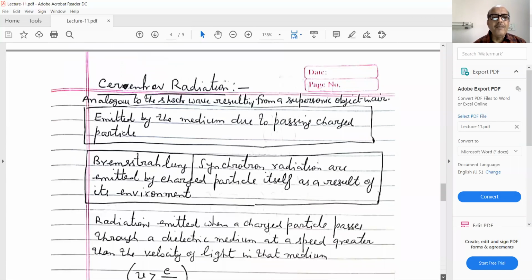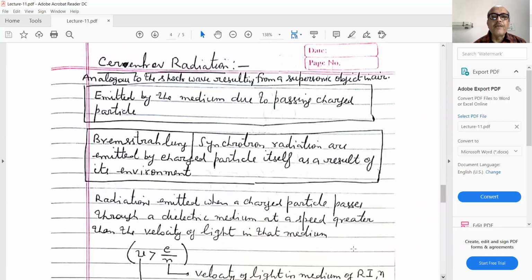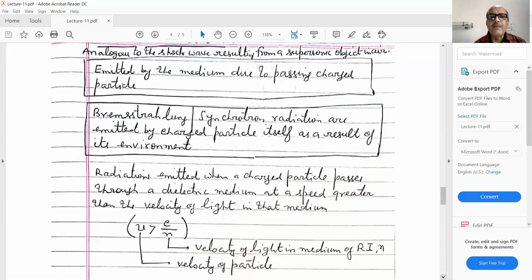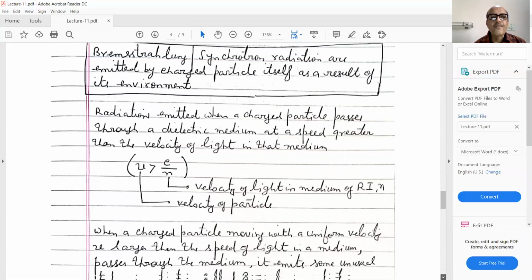The radiations are emitted when a charged particle passes through a dielectric medium at a speed greater than the velocity of light in that medium. So if v is larger than c upon n, where c upon n is the velocity of light in a medium of refractive index n, and v is the velocity of the particle.